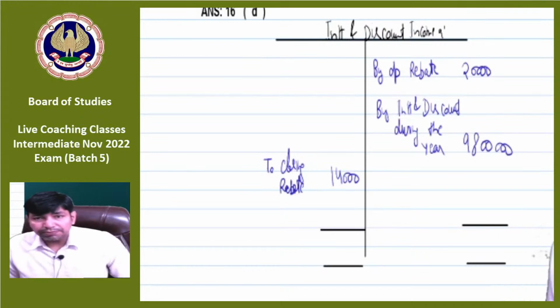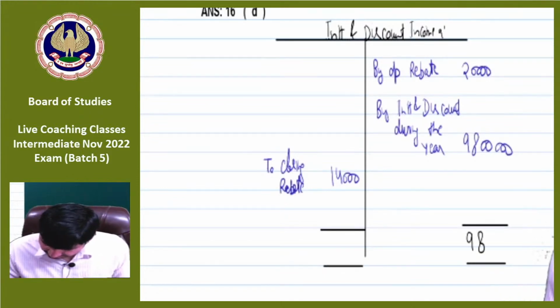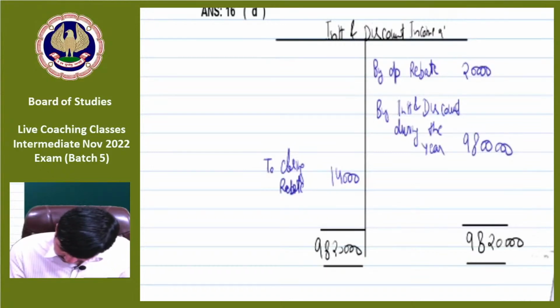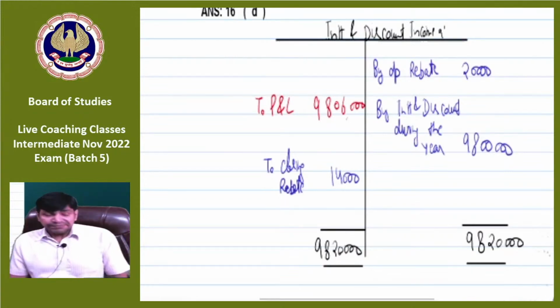You mean the bank. You are the bank. 98 lakh 20,000 is the total. And to P&L account, 98 lakh 6,000 is the amount which is to be transferred to P&L.